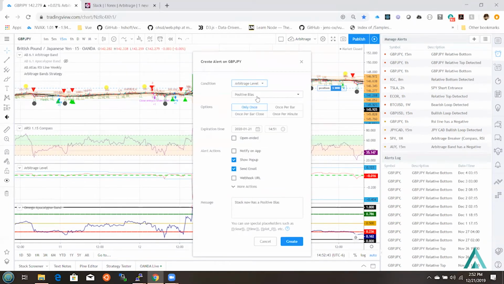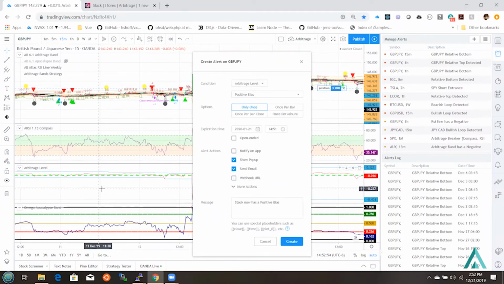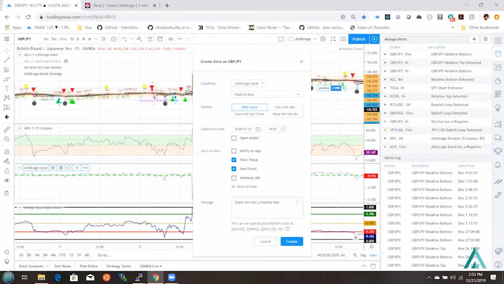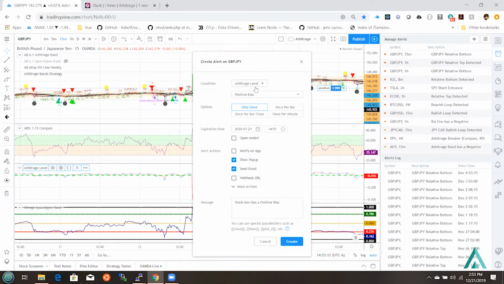Arbitrage level lets you know if you have a positive or a negative bias, which means you're getting with the level. So it's saying that the indicator itself is either above or below that line, which means the bands are moving more up or moving more down, and you can actually tell it to alert on that, right?